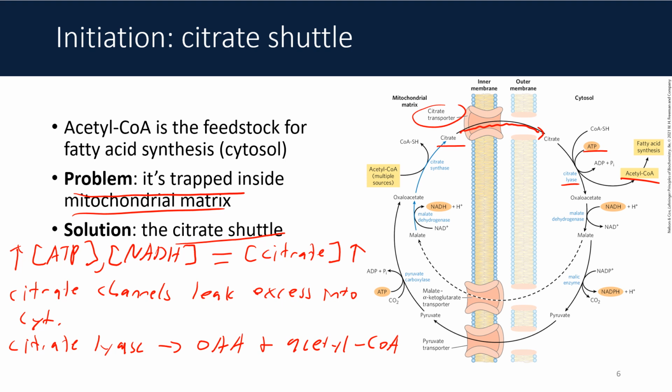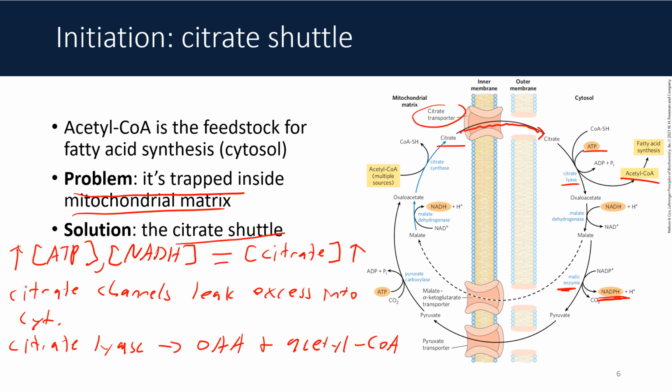Oxaloacetate is still useful. We're not done with this yet. We are going to follow that up with additional enzymes, malate dehydrogenase, and most importantly, malic enzyme. And malic enzyme is going to oxidize it and generate an equivalent of NADPH.